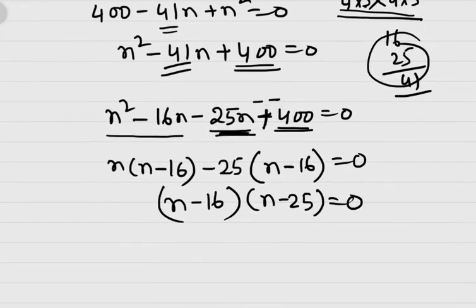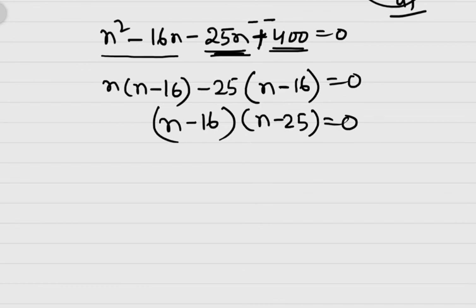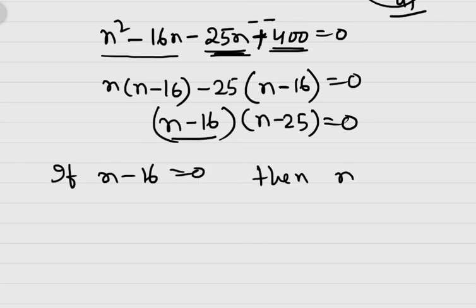So what is the value of n now? Suppose n minus 16 is 0. If n minus 16 is equal to 0, then n will be equal to 16. Okay. Now then what will be your last term? How many terms are there? So Tn will be equal to a plus n minus 1 into d.